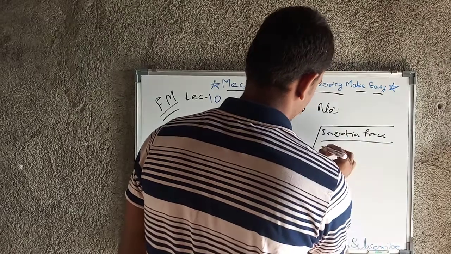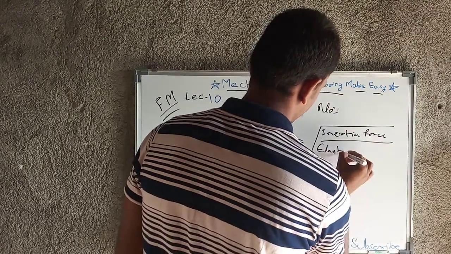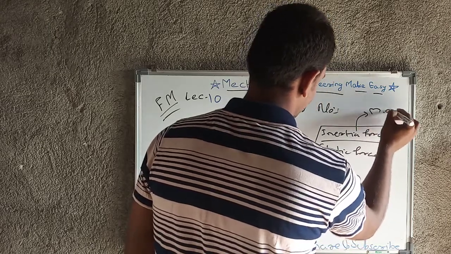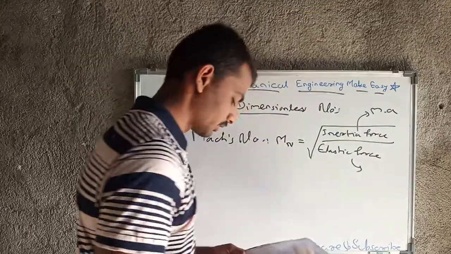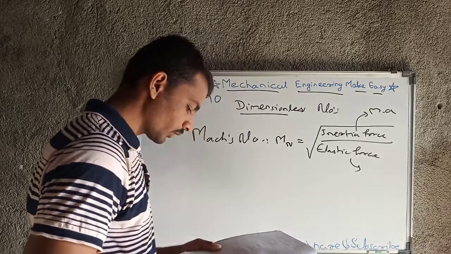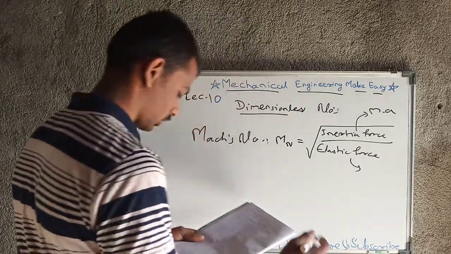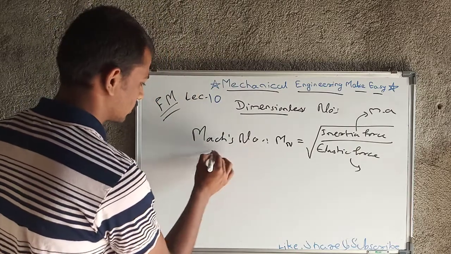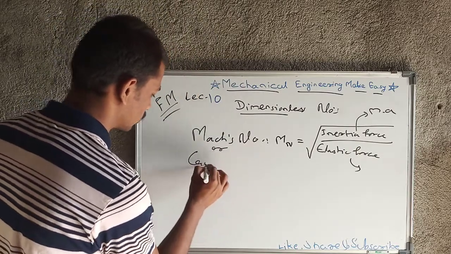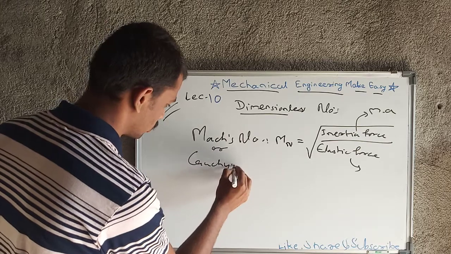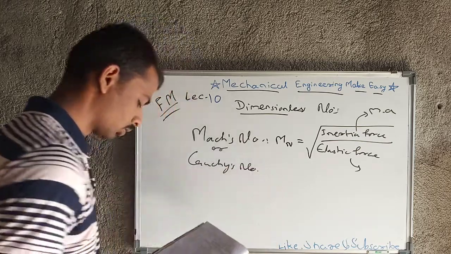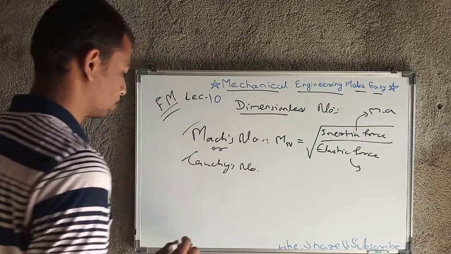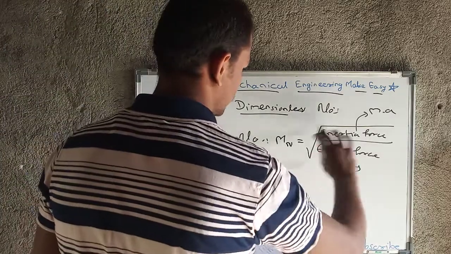Again, we know inertia force is mass into acceleration, and elastic force we will get directly. This Mach number also has another name, that is Cauchy's number. So you should note both names.